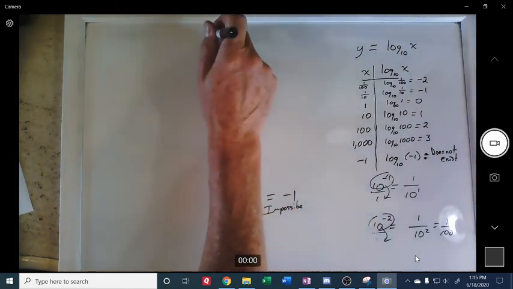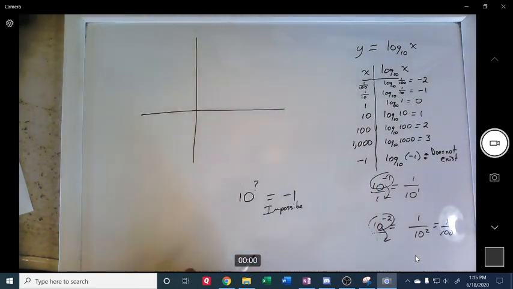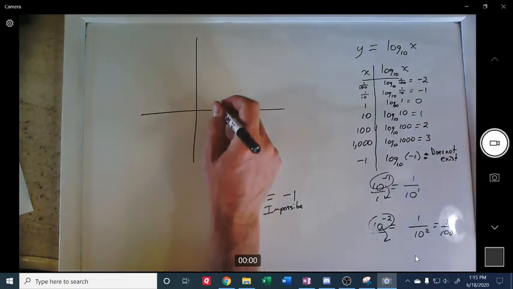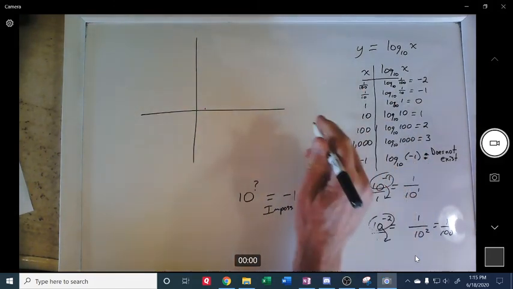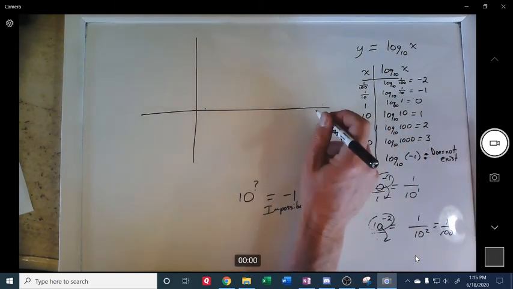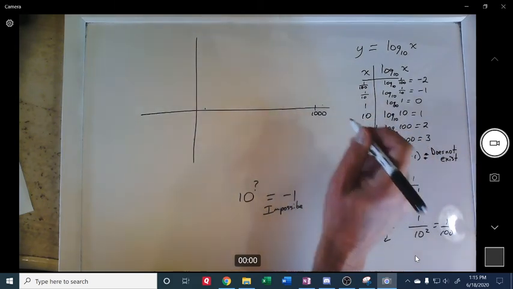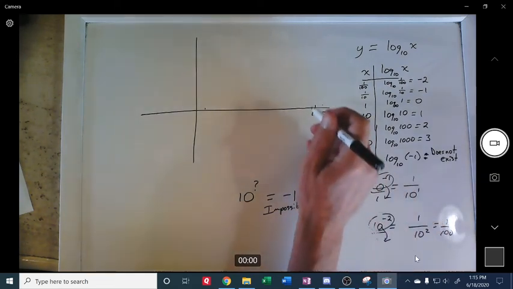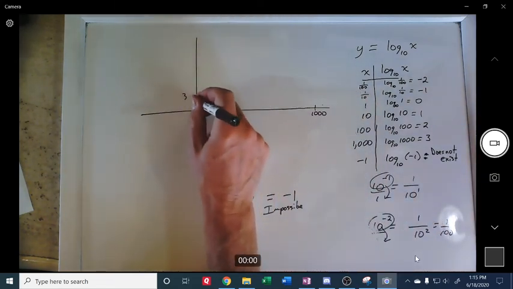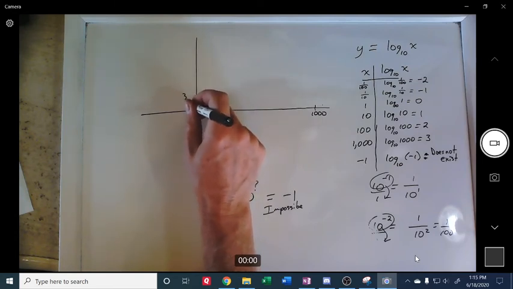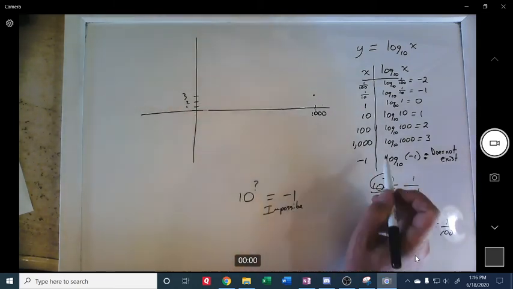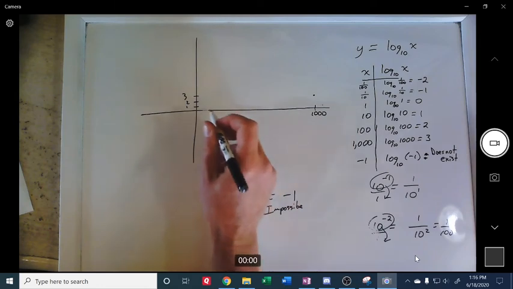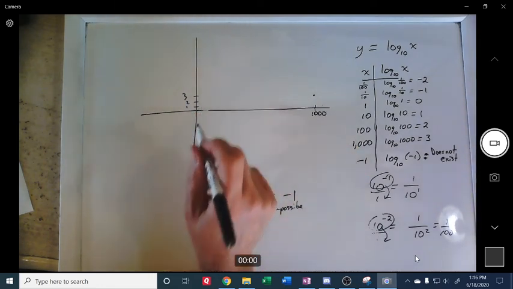Now, if we look at all those and we put it into a graph, so when x is 1, our x is going to go all the way out to 1,000 over here. When I'm at 1,000, I'm only at a height of 3. And when I'm way back over here, when I'm at 1, I'm at a height of 0.